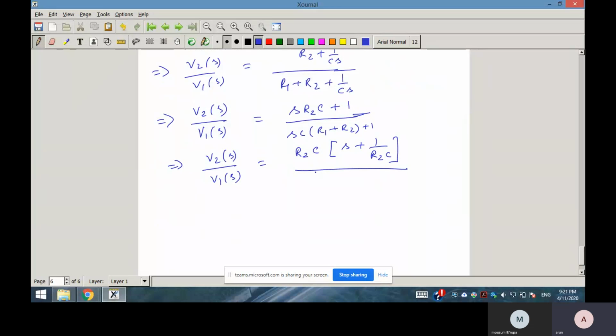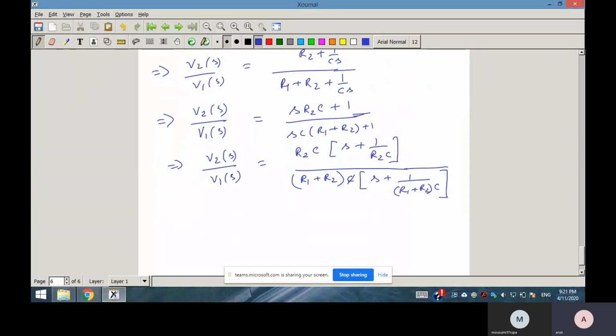And if you take R1 plus R2 into C common here also, then you will get S plus 1 by R1 plus R2 into C.